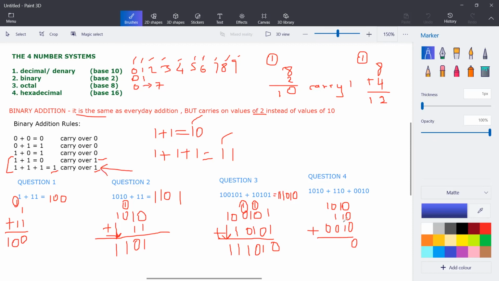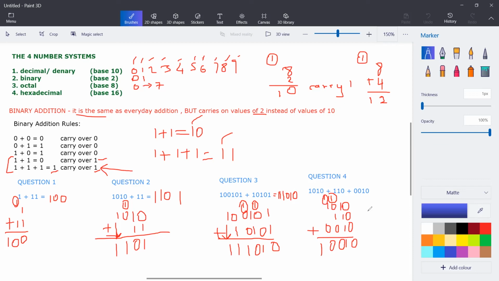If you have 3 ones added, you treat it as 11. So it becomes 1 and you carry 1, okay? So the one I've carried plus 0 plus 1 plus another 0, it just ends up to be 1 plus 1, and 1 plus 1 in binary addition is 10. So I'll write 0 and carry another 1 up here. So this one I've carried now plus the 1 that's there and the 0, I'll get 10 again. So this 10, I just write it because there's no other number to carry my answer to.